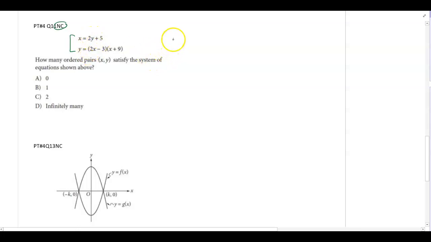So I'm going to say x equals 2 times 2x minus 3 times x plus 9, and then plus 5. So now when I simplify this, I'm going to get 4x minus 6 times x plus 9, all plus 5. FOIL this out.